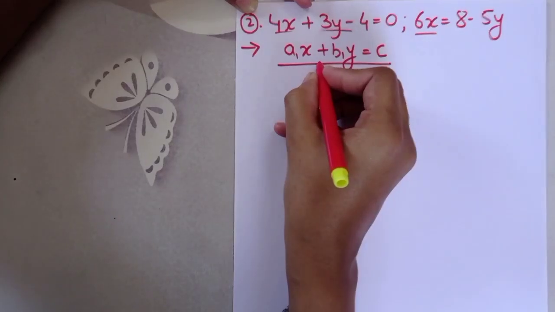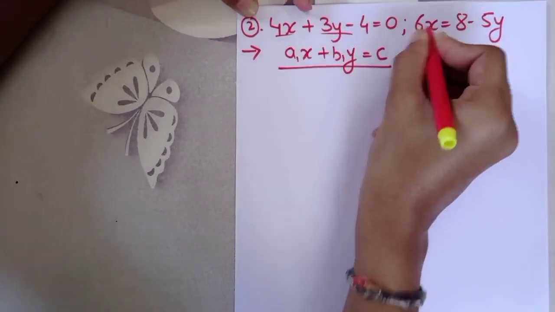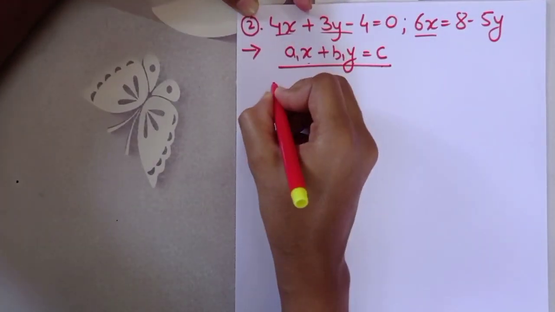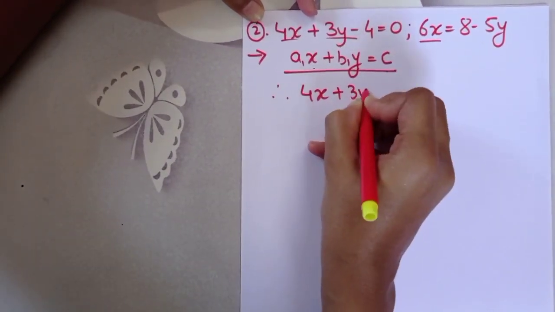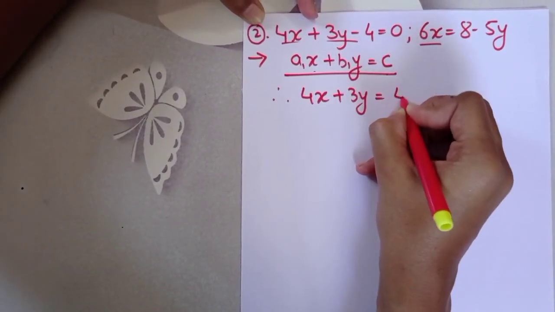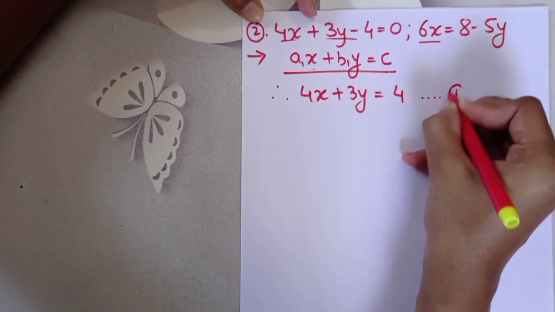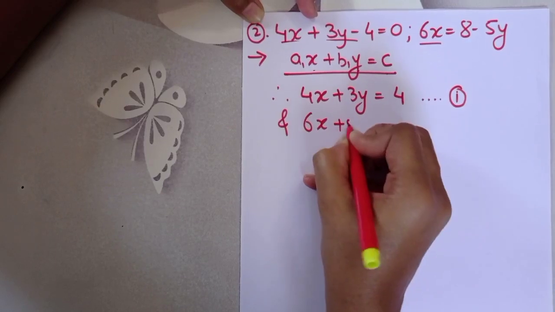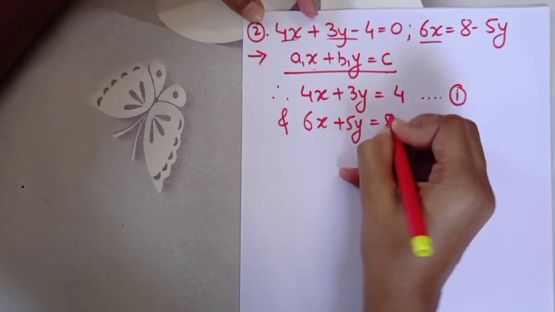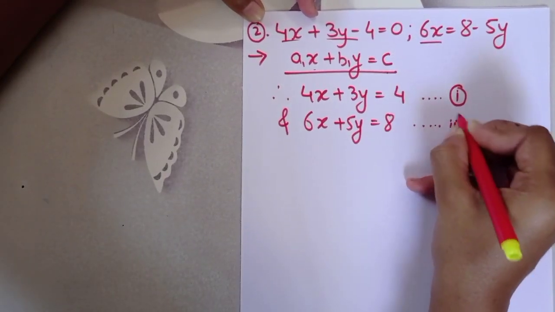First of all, we will convert these equations to this form. Therefore, 4x plus 3y is equal to 4 as the first equation, and 6x plus 5y is equal to 8 as the second equation.